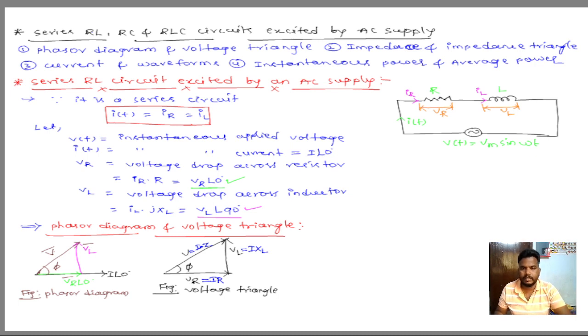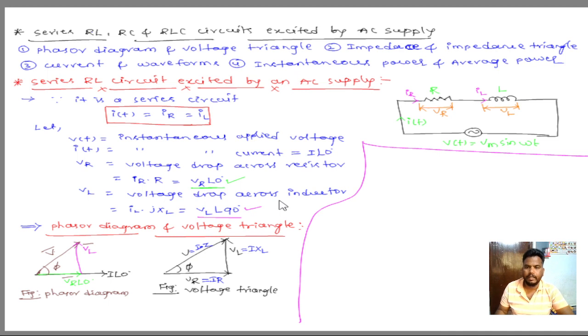And what is the next point after completing phasor diagram and voltage triangle? Next, we need to calculate impedance and draw the impedance triangle. Second point. Is this clear?